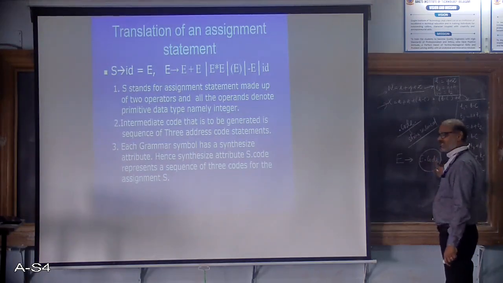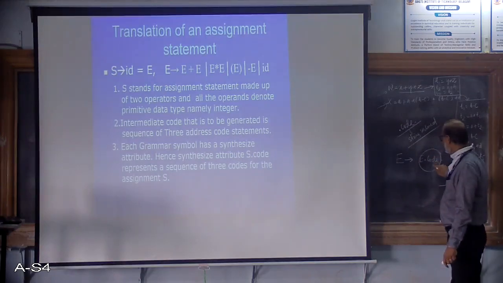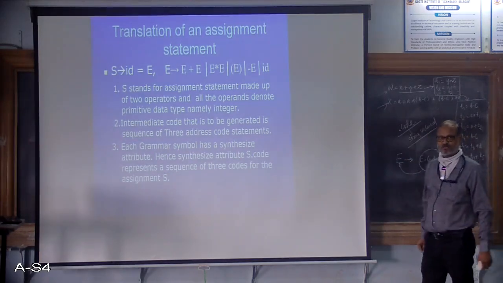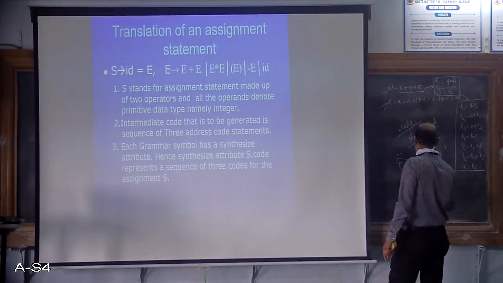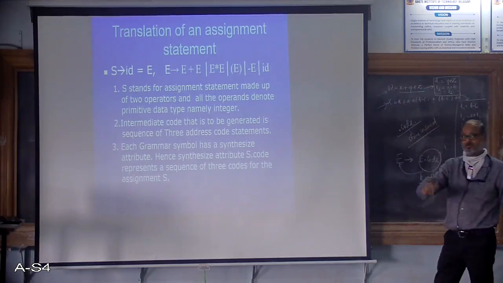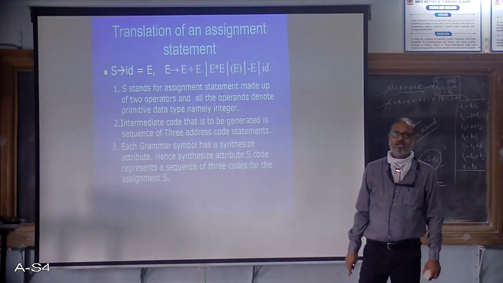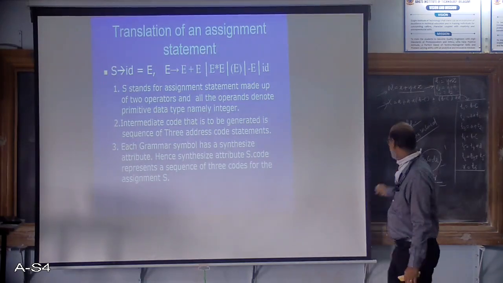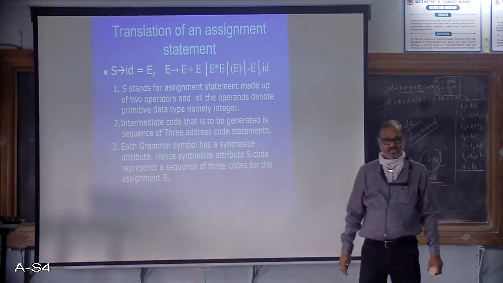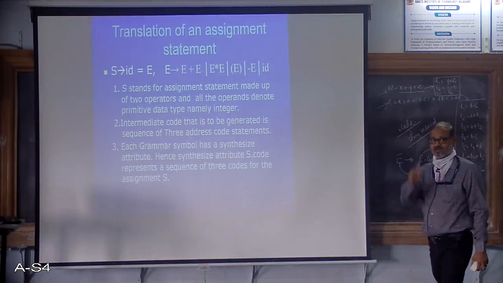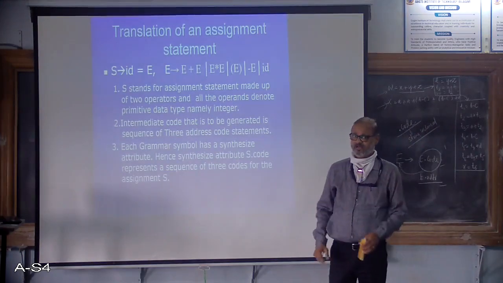So E dot code is a string valued attribute, which is going to have the sequence of 3 address codes evaluating the expression. Understood? And E dot address is the value associated with that sequence of 3 address code.